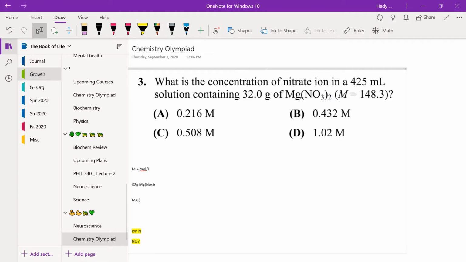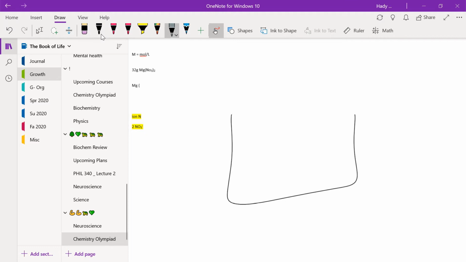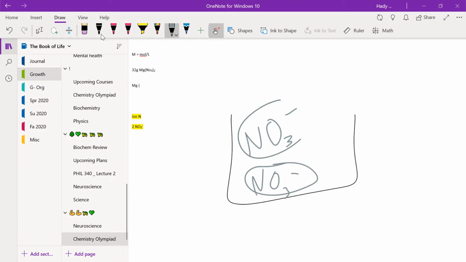So you have two of these random particles that are dissolved in this solution. So NO3 minus, NO3 over here minus. This is 1 mole atom. This is another huge atom. This is magnesium.